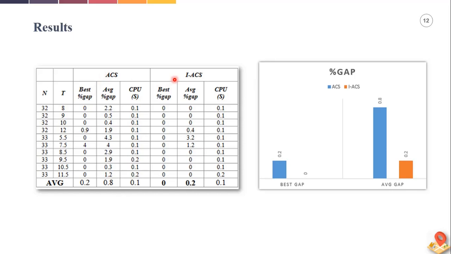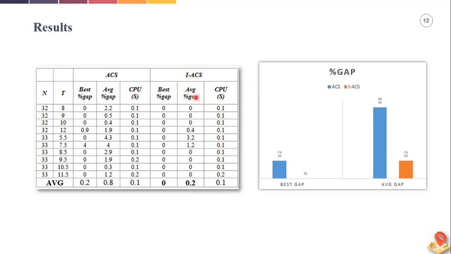The remaining 10 instances are in this table. N is the number of nodes, T is the time limit, best gap and average gap are the best and average gap between 5 solutions, and CPU is the program execution time.